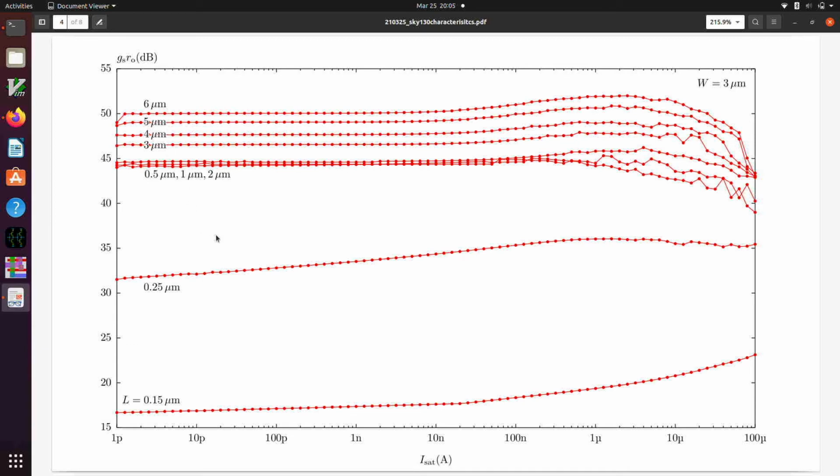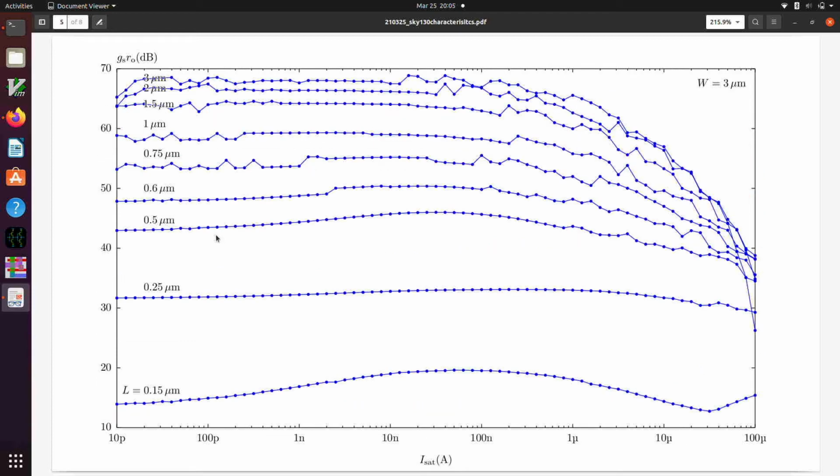So that's the intrinsic gain of the NMOS transistors. This is the intrinsic gain for the PMOS transistors. Here you see a different story. Here my channel lengths run from 0.15 microns up only to 3 microns. So I'm going 0.15, 0.25, 0.5, 0.6, 0.75, 1, 1.5, 2, and 3.